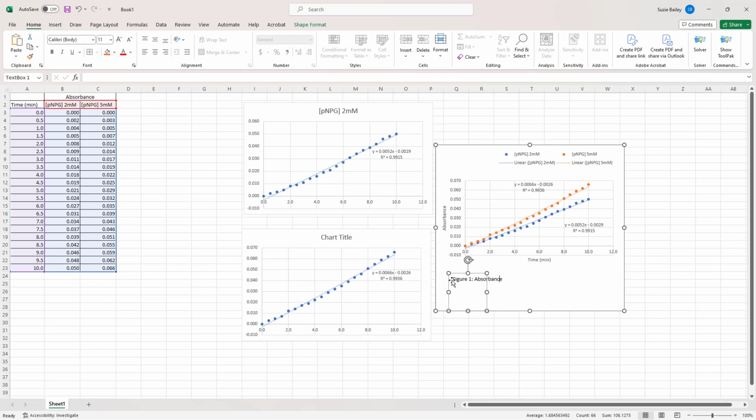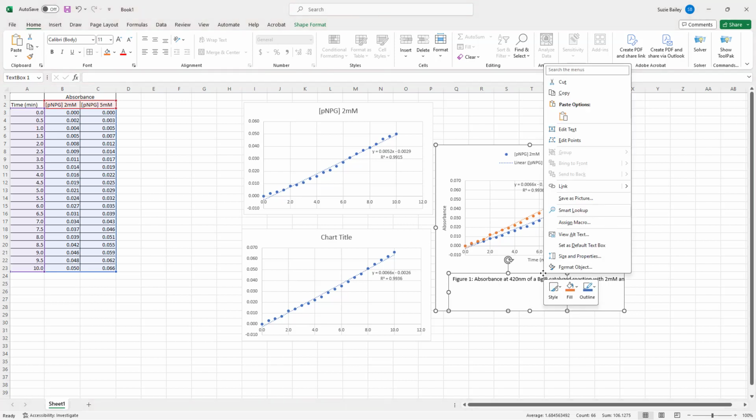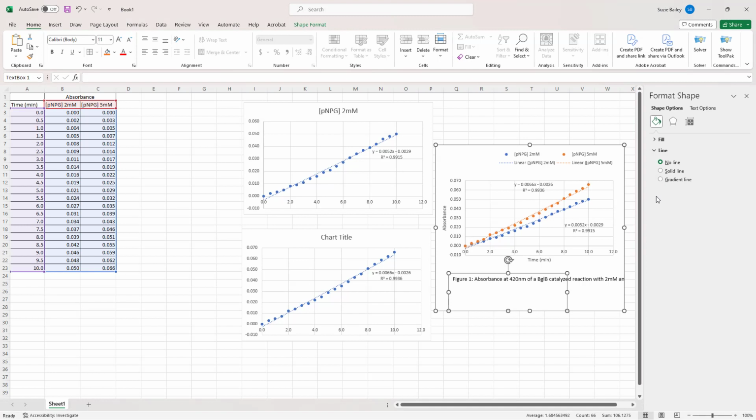absorbance at 420 nanometers of a BglB catalyzed reaction with 2 millimolar and 5 millimolar pNPG. And this is going to have my text run off the side here, but what I can do is I can wrap my text, and it's going to let me do that.